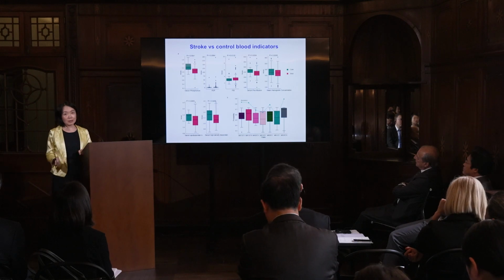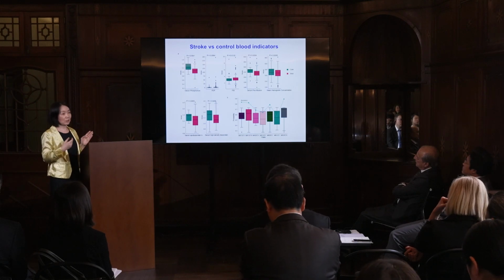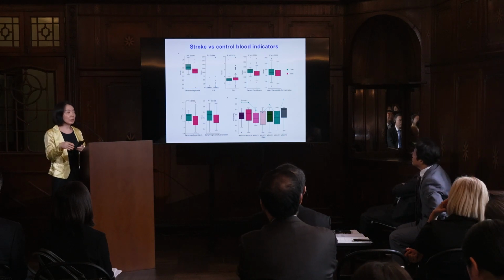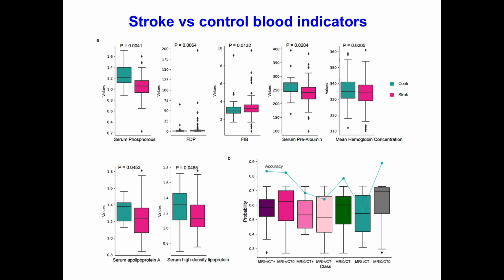And surprisingly, we can also see our predictor is not only a yes or no prediction, it's very quantitative. Here shows just the cutoff for our predicted stroke versus the predicted non-stroke.